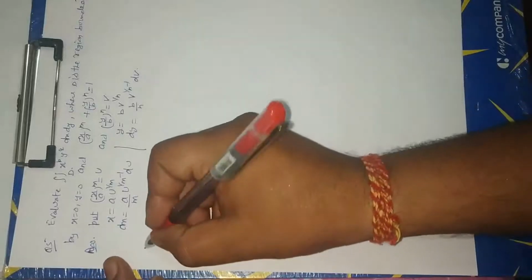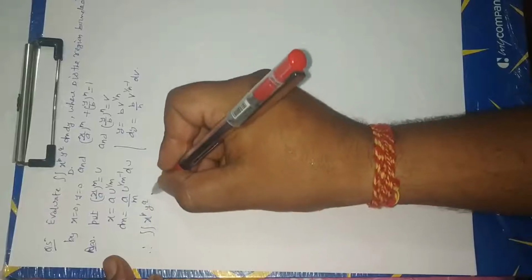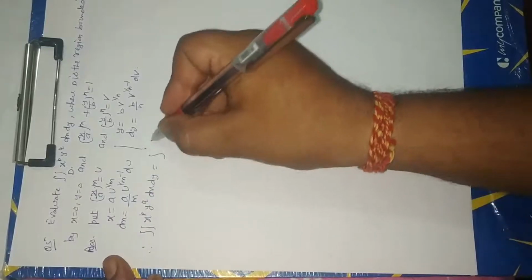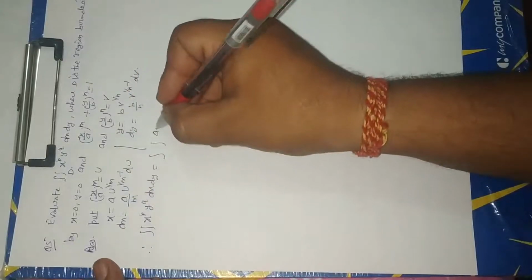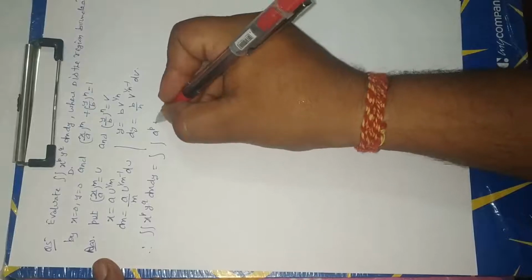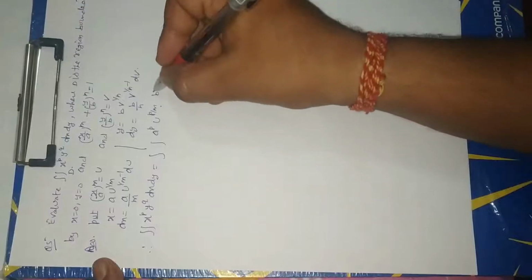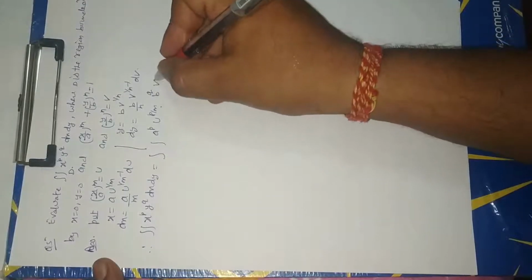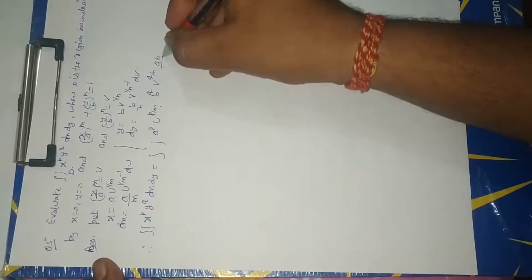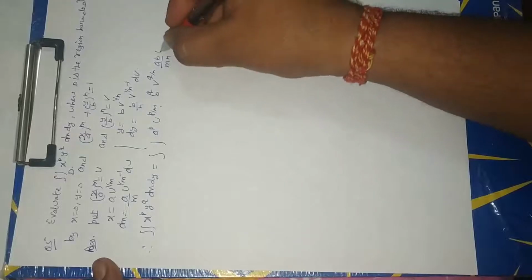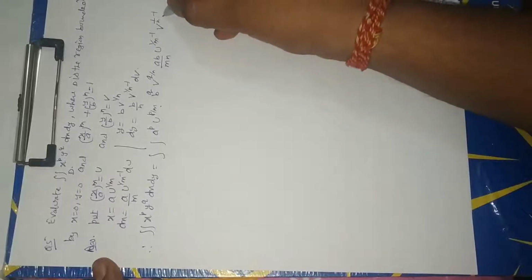Now the double integration of x to the power p y to the power q dx dy is equal to the integration. Putting the value of x, a to the power p u to the power p upon m, and the value of y, b to the power q v to the power q upon n. Now dx dy is ab upon mn u to the power 1 upon m minus 1 v to the power 1 upon n minus 1 du dv.